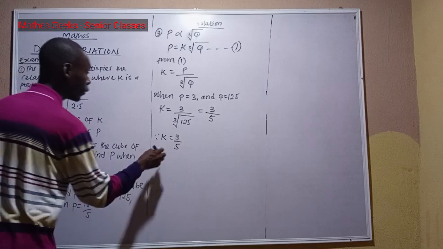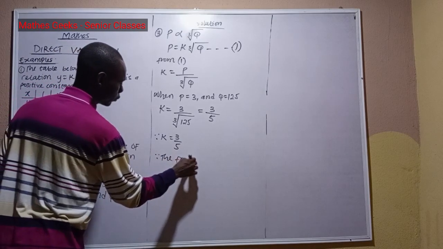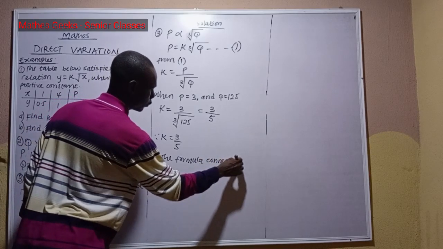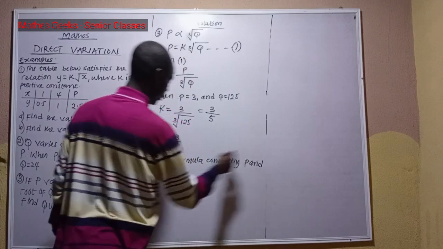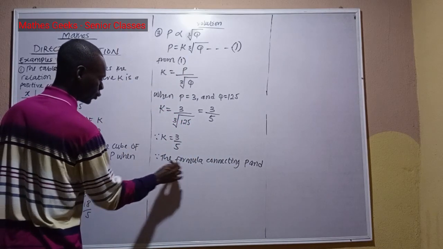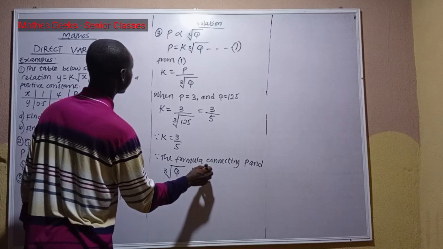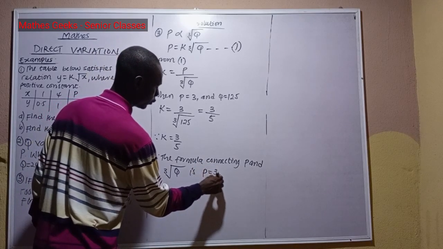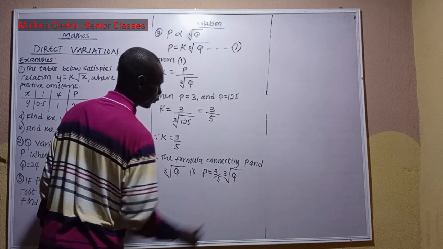And this also implies that the formula connecting p and the cube root of q is p equals 3 over 5 times the cube root of q.